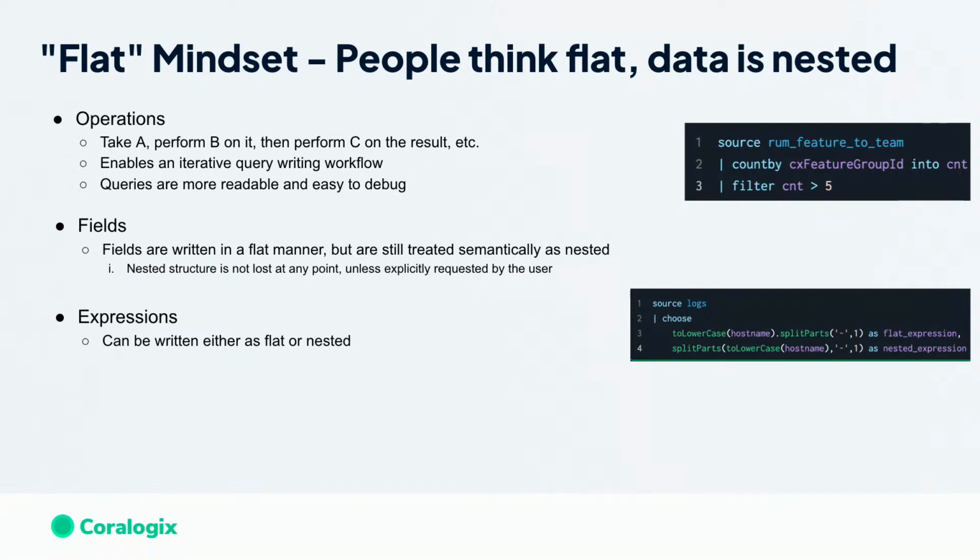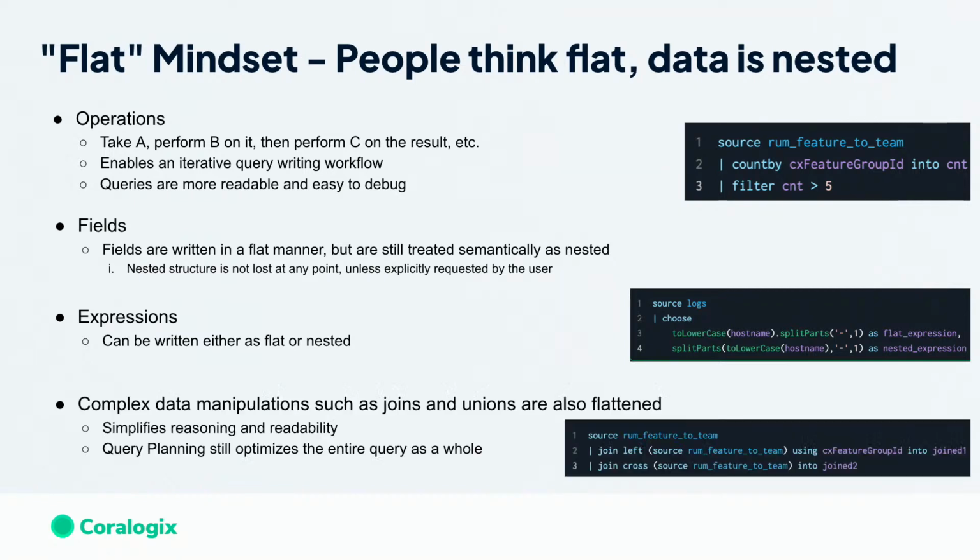But the native nested expression, like the mathematical nested expression syntax, is also available in DataPrime natively. There's no difference between them. It's just methods versus global functions. But from a user perspective, it can make queries much more readable to other users and maybe to your future self as well when you're coming back to your query a week after.